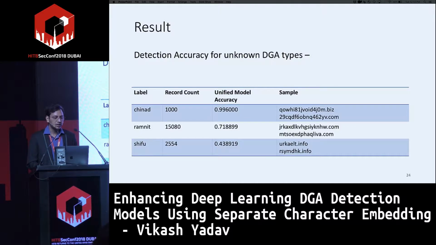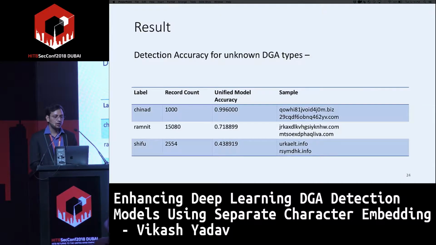But for the Shifu family, which is a DGA very different from what the model has seen in the training data, it's much closer to a benign good domain, because the length of the domain is very small. So our model didn't do very well on these type of DGAs.